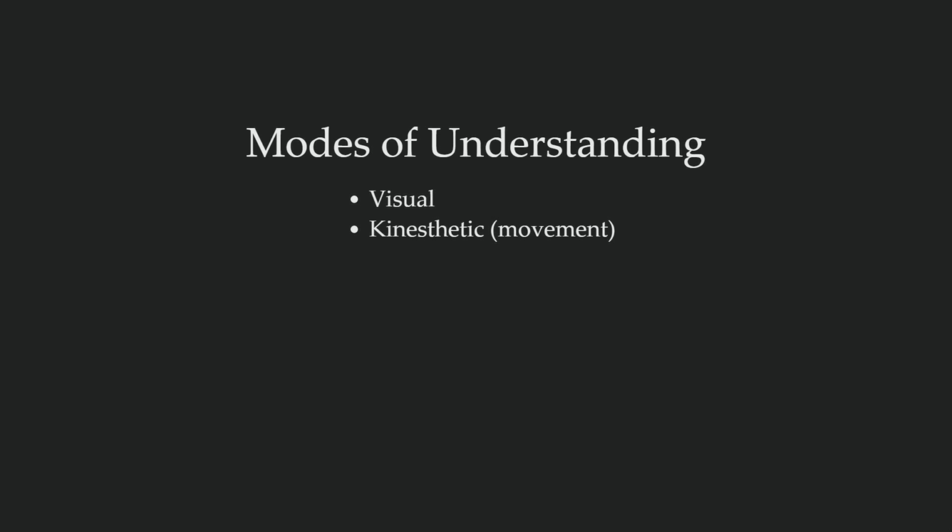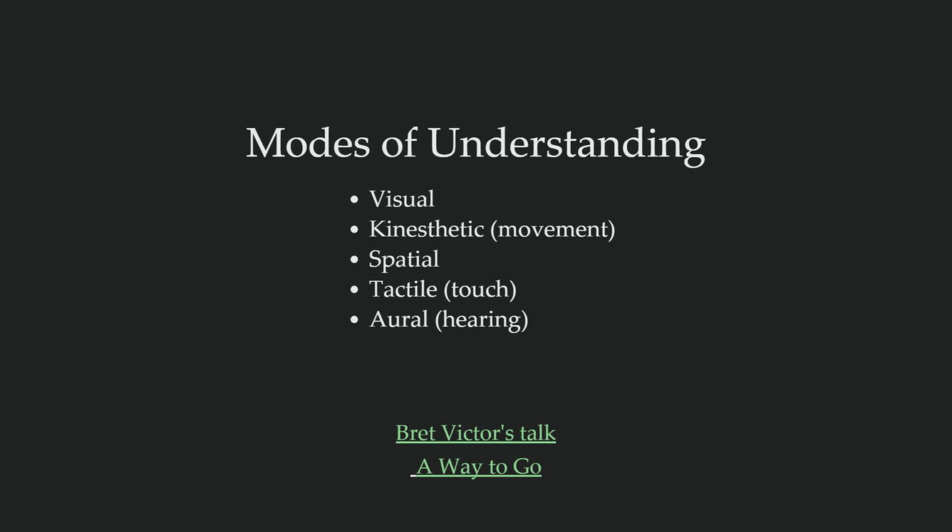We can also understand things through movement, the movement of us interacting with them, the spatial awareness, so that's the 3D environment that helps us understand it better. Tactile, which is just the feeling, the textures, anything like that. And then aural, which is the audio portion of it. And so I got these points from Brett Victor's talk on the subject. It's a great talk. I recommend all of you guys to watch it.